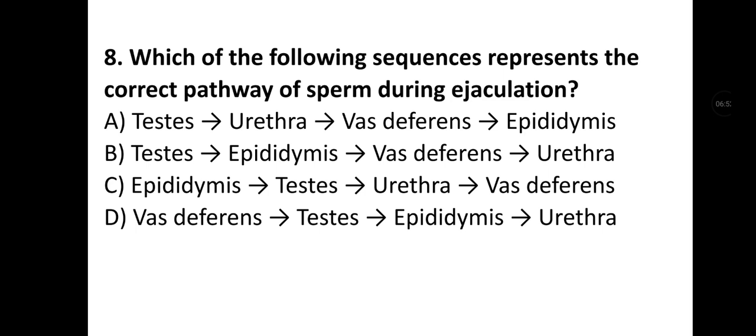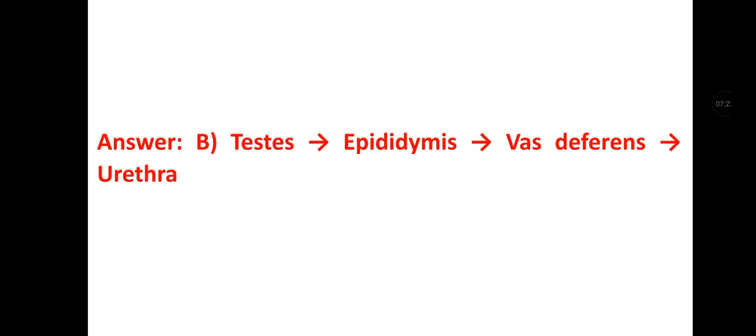Option D, vas deferens, testis, epididymis, urethra. The answer is option B: testis, where sperm is produced, epididymis, where sperm is stored, vas deferens, through which the sperm travels, and urethra, through which the sperm is expelled. So the answer is option B.